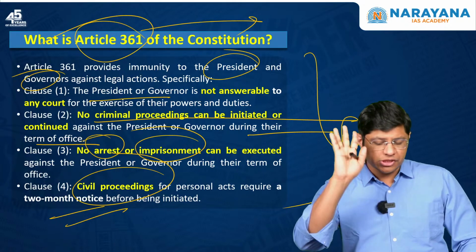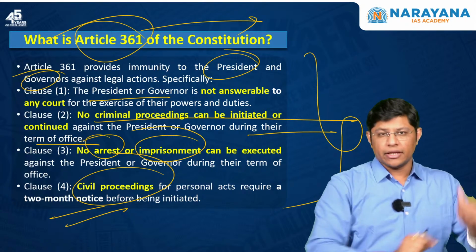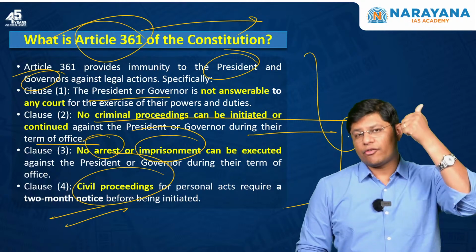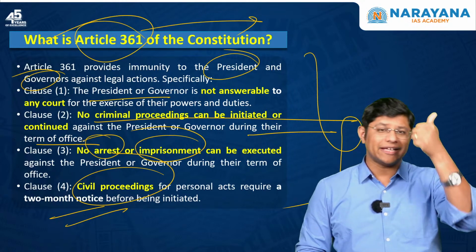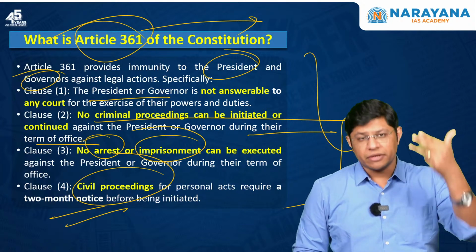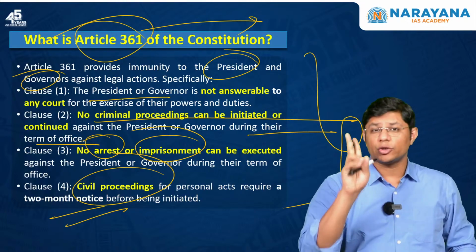I hope students you have understood what is Article 361 of the Indian Constitution. They are not answerable in any court. No criminal case can be filed against the president or governors. They cannot be arrested or imprisoned, and civil proceedings can be initiated, but after giving 2 months notice.